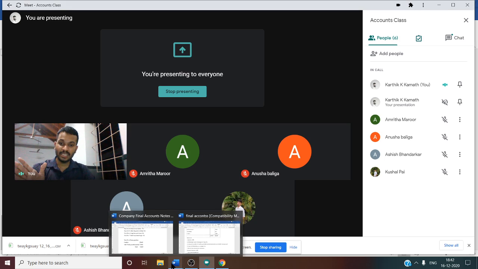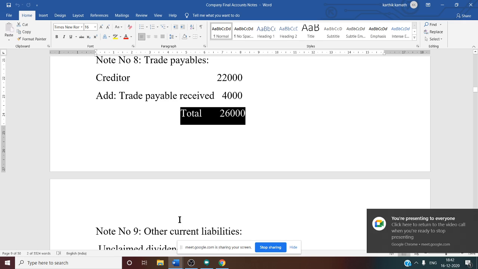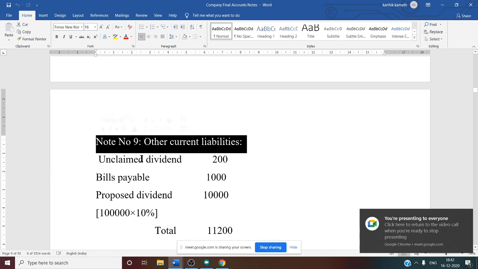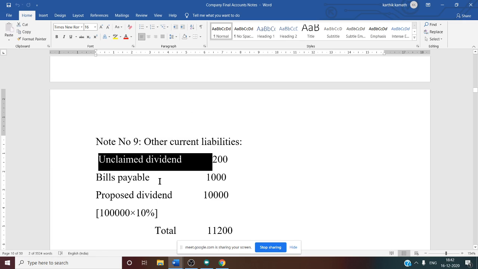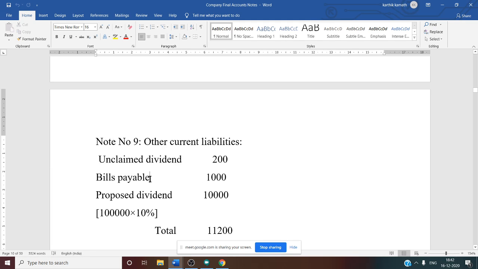Then we have to see two more notes for the liability side. So now note number 9 we have to decide. Note number 9 is other current liability. Unclaimed dividend is an other current liability given in the trial balance, no other adjustment, directly you can write. Bills payable, again other current liability given in the trial balance, you can write directly 1,000.